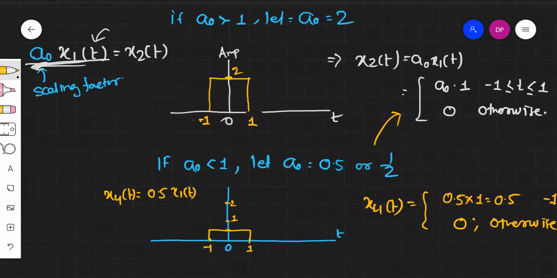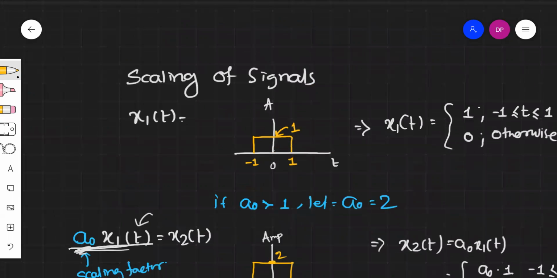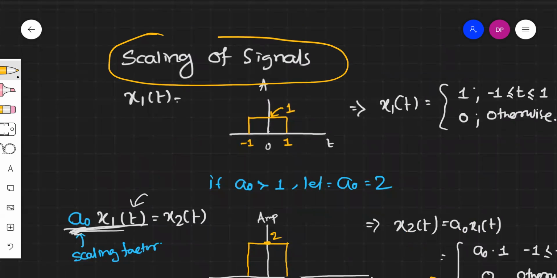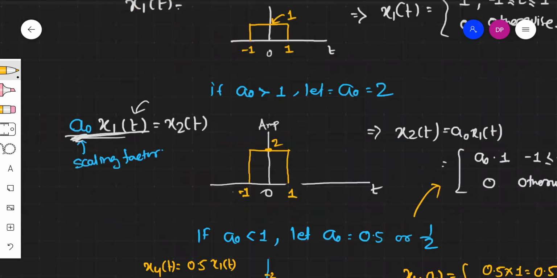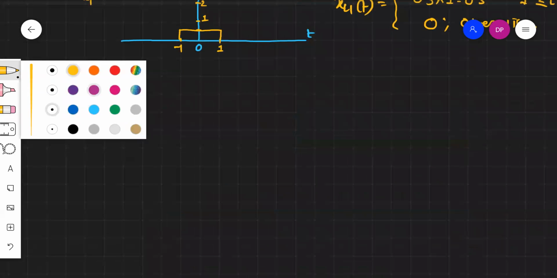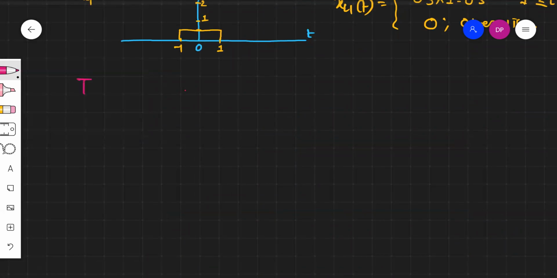So we were discussing scaling of signals, and what we saw just now happened to be amplitude scaling of the signals. Now, let's go for time scaling of signals. We are dealing with continuous time signals.